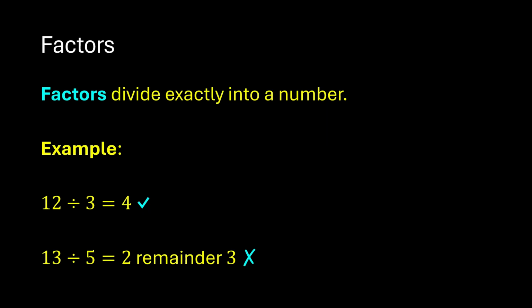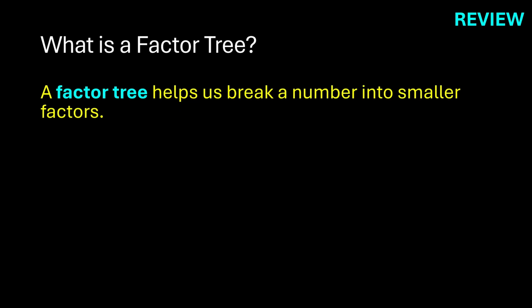A factor tree helps us break a number into smaller factors. So, for example, if we look at the number 24, we can begin by noticing that 24 equals 4 times 6. And then we can continue splitting until all the branches end with prime numbers. So, 4 is equal to 2 times 2.